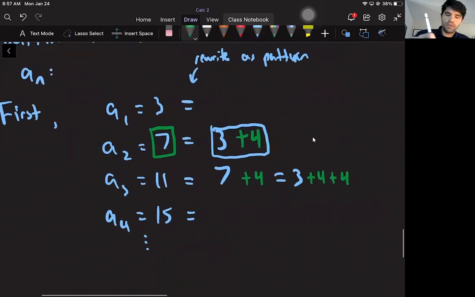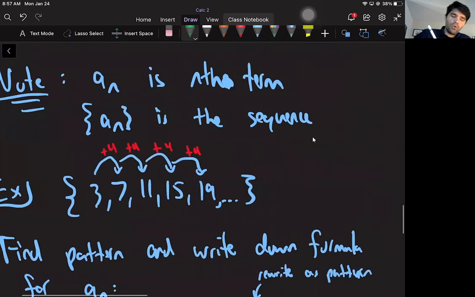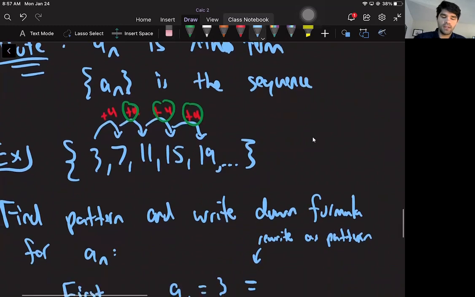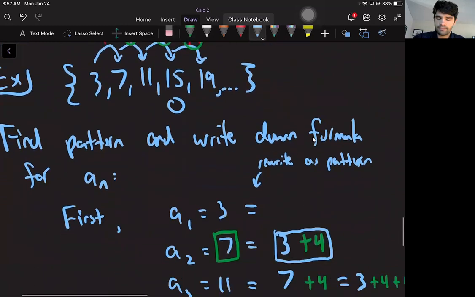And then we can start seeing the pattern, which is, instead of thinking about it as adding one 4 at a time to get to each term, we can really think about it as starting off with 3 and then adding one 4 and then adding another 4. And then adding however many 4s you want to get to the next spot. So if I want to get all the way over here, I've got to add 1, 2, 3 4s.